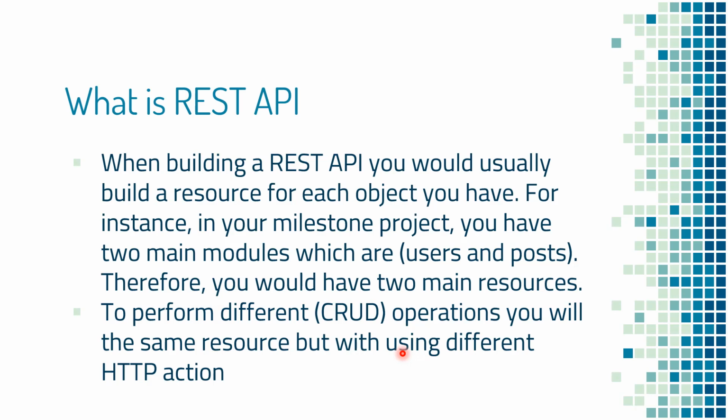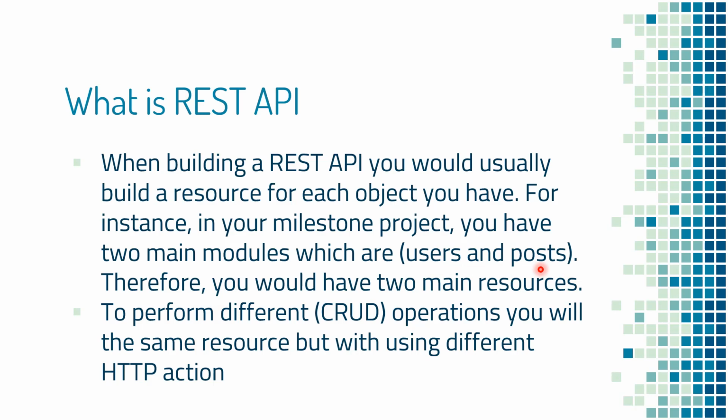Let's say you have a new web application. Let's talk about the milestones that we are working on. In the project we have two main modules: the first is user management, and the other is post management.